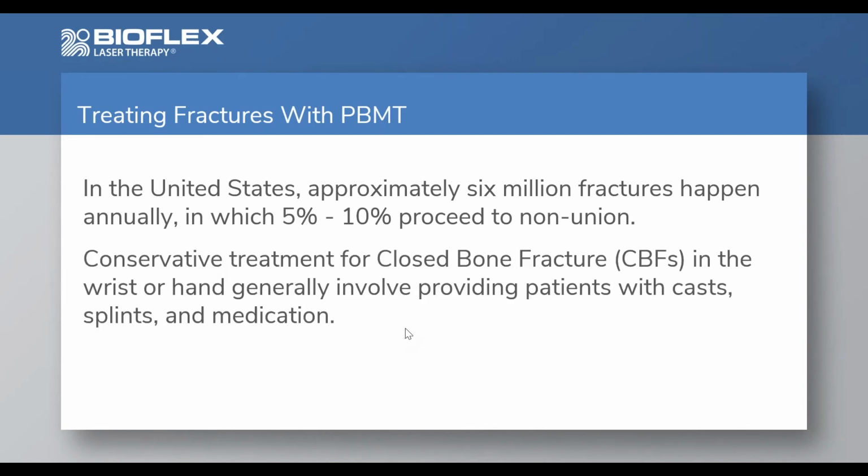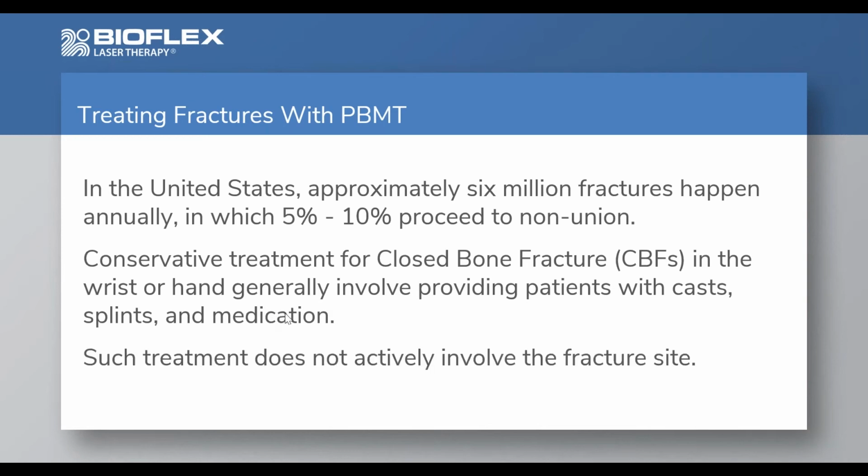Conservative treatment for closed bone fractures, or CBFs, in the wrist or hand generally involves providing patients with a cast, a splint, and medication for pain. But the treatment doesn't actually involve the fracture site. They're basically saying, okay, we'll stabilize it, go home, don't do anything, it will heal in 6 to 8 weeks, and you're good to go. That's basically how allopathic medicine is going to treat a fracture.